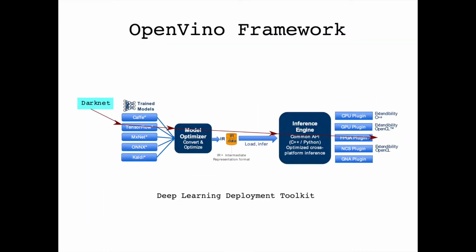The OpenVINO framework offers us many possibilities. As we use Darknet, we convert it into a TensorFlow protobuf file with a custom script. Then, we run the model optimizer to generate intermediate representation data. This IR data is used through the FPGA and CPU plugins.